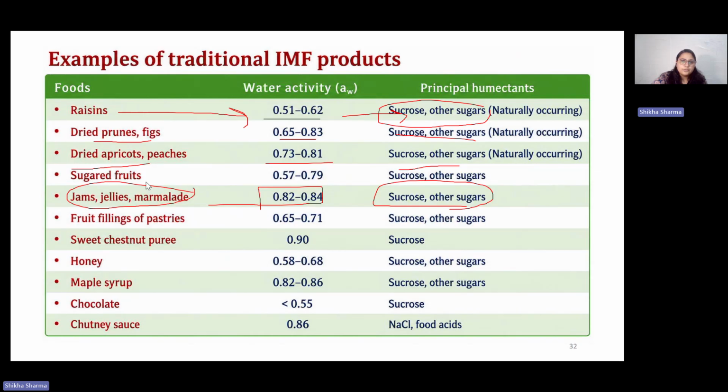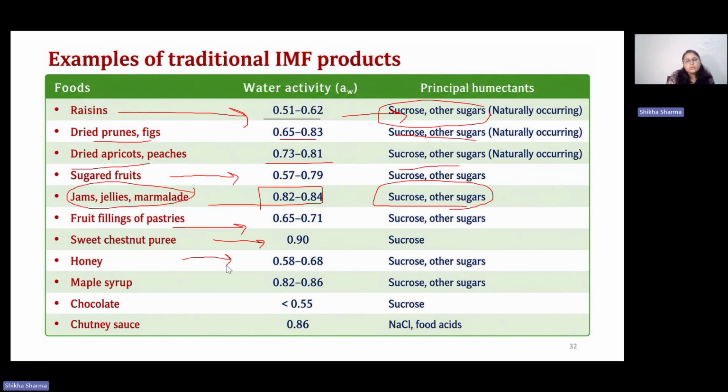In sugared fruits, the water activity is 0.57 to 0.79, and sucrose and other sugars can be added. Fruit fillings of pastries have a water activity of 0.65 to 0.71 and can have sucrose and other sugars. Then sweet chestnut puree, 0.90, where sucrose can be added as a humectant, and in honey, 0.58 to 0.68.